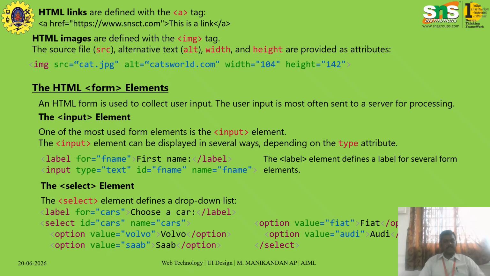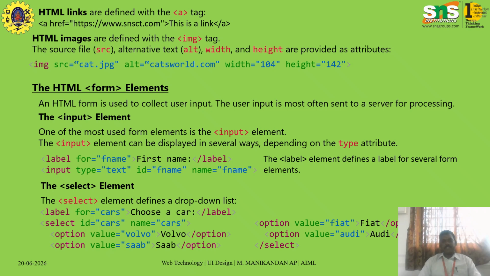So here for first name, we are creating a label and input. The label will be displayed in the web browser, so first name will be displayed, and for that we give the input value, which will be taken from the user. After that it will be sent to the backend.